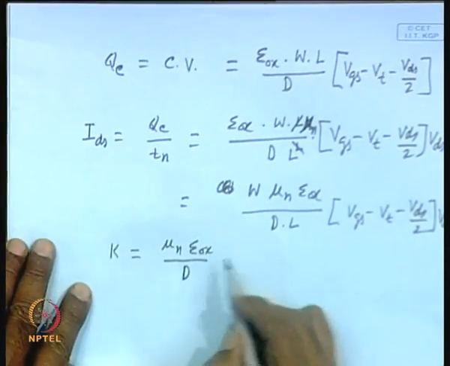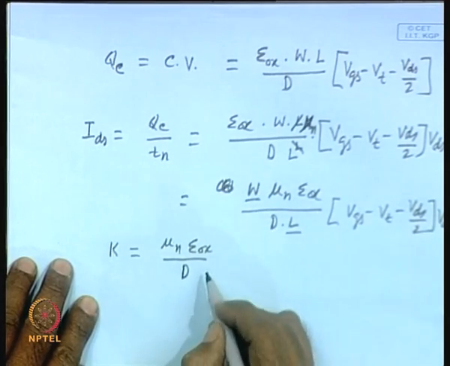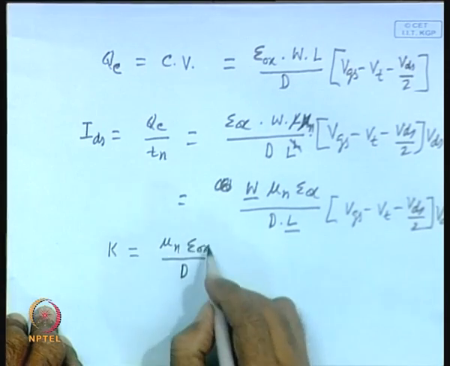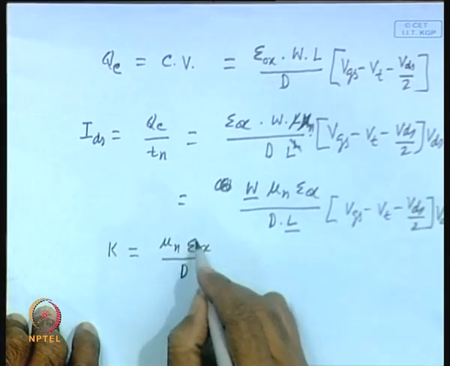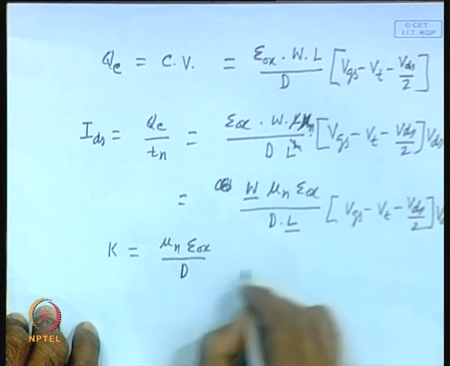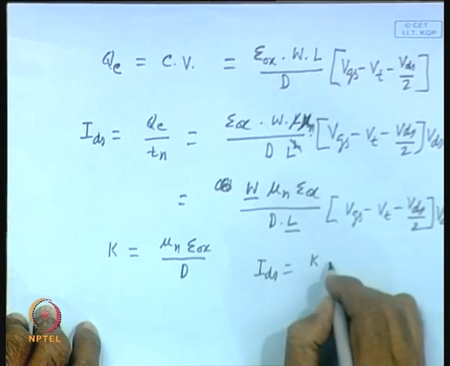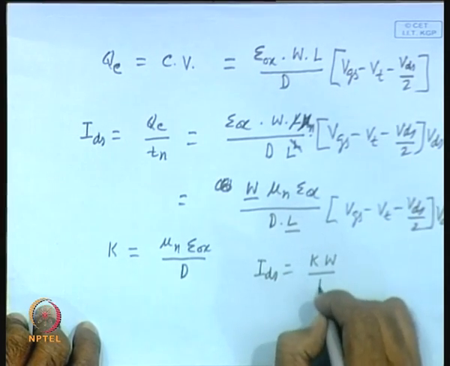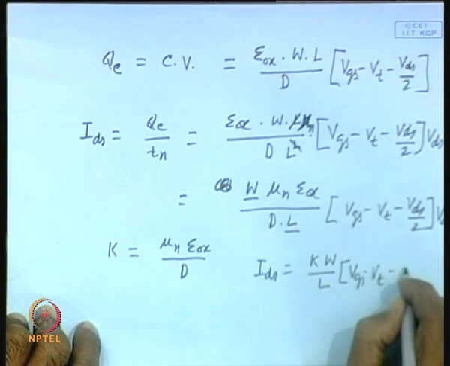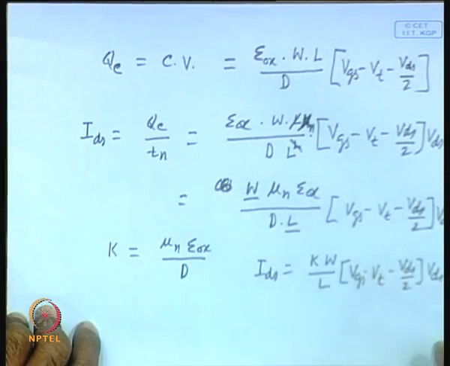We usually change the length L and the width, but these three are kept constant. That is why this is sometimes replaced by K. If we substitute this value of K, we get I d s is equal to K W by L (V G S minus V T minus V D S by 2) into V D S.